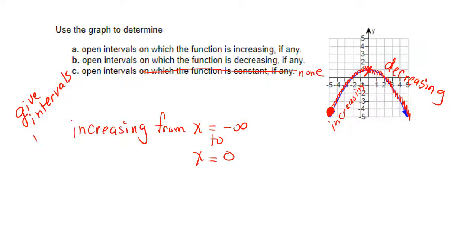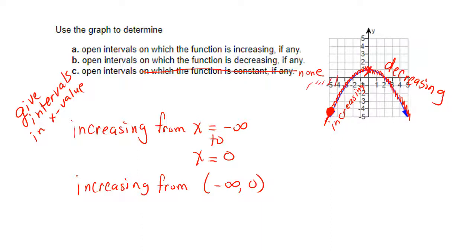So give intervals in the x value. Now, to write this correctly, we would say increasing from open parenthesis negative infinity comma 0.